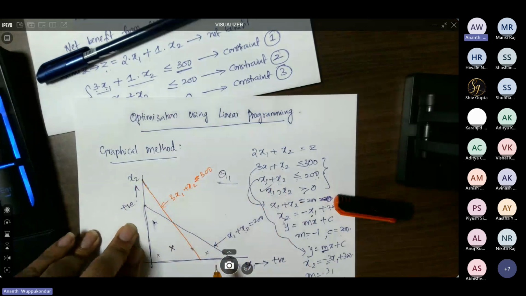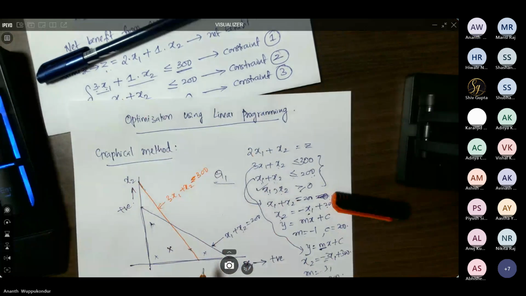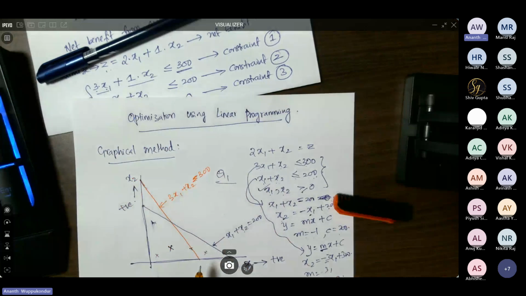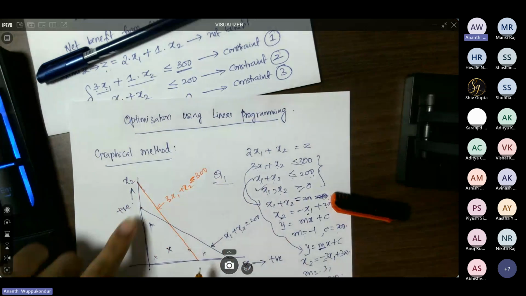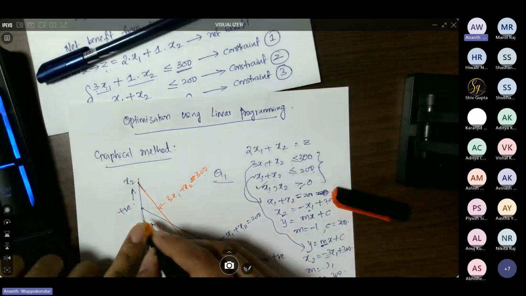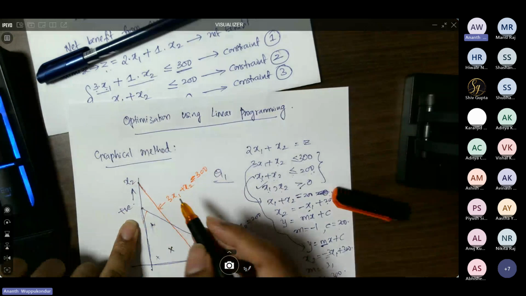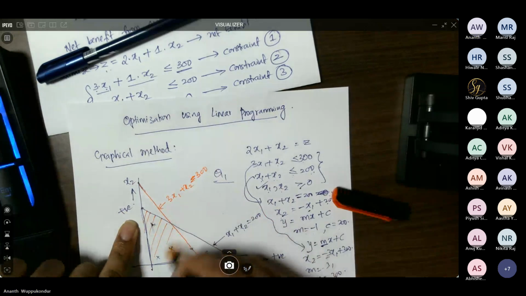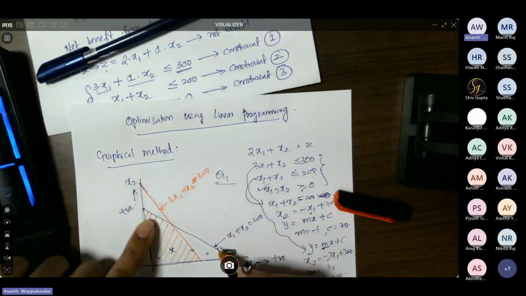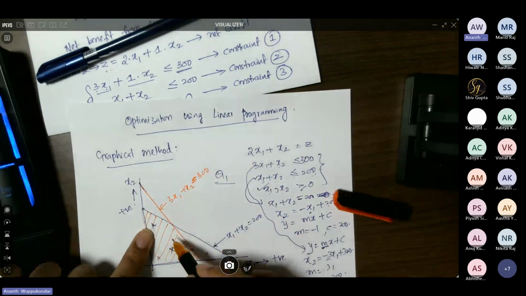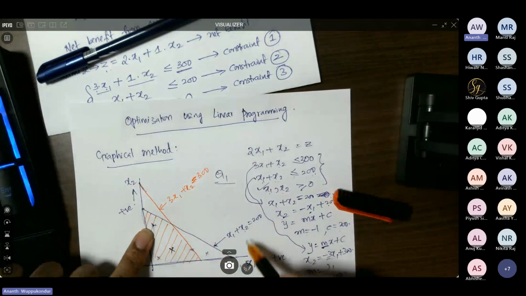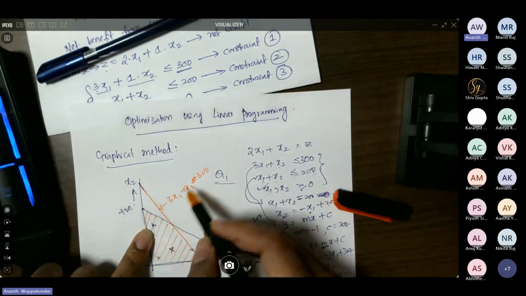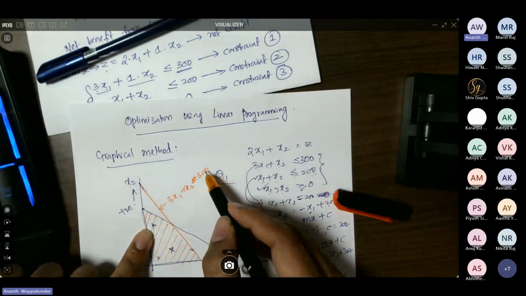Now we have constructed the two constraints, and the possible solution may lie anywhere in the region that is common to both lines. This region in orange is common to both x1 plus x2 equals 200 and 3x1 plus x2 equals 300.